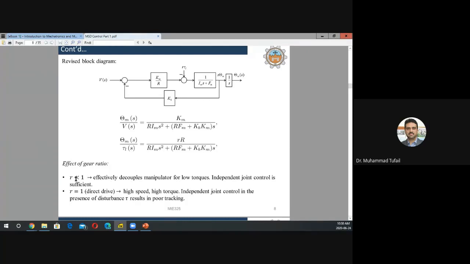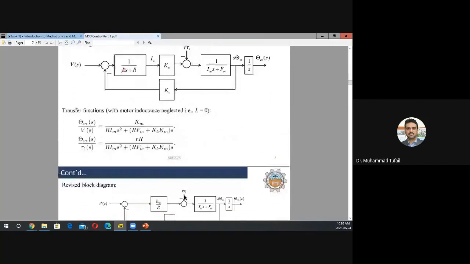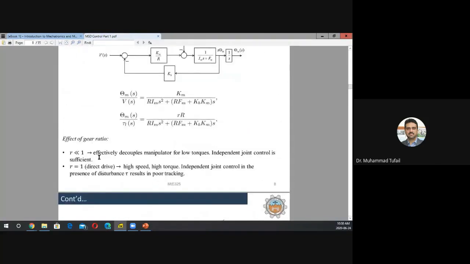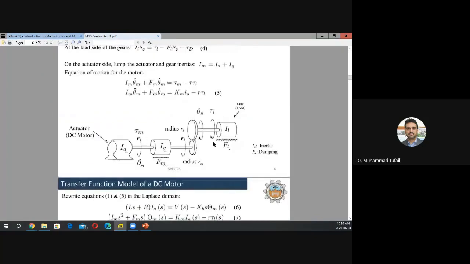Effectively, if it is very small, less than 1, it means this gear is much bigger than that one. What does that mean? That means effectively a decoupled manipulator, or let's say robot; for low torques, independent joint control is sufficient. Whatever happens on that side does not reflect well to the left side.